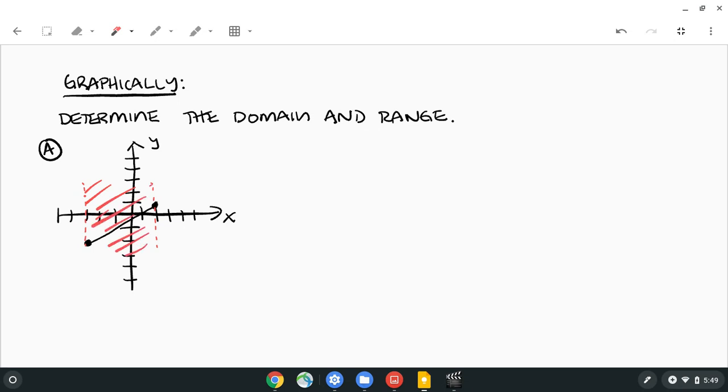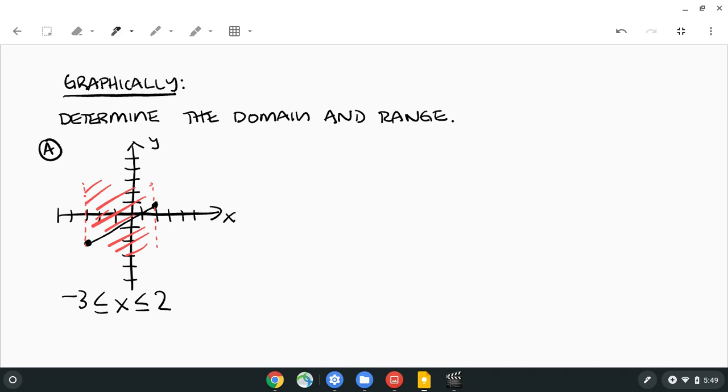All the x values in between there. Okay, all right, so our domain in this case are the x values starting from -3. Okay, so all of our x values, they start from -3 and they go all the way to 2.